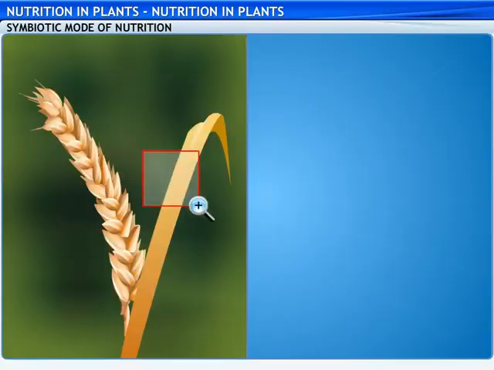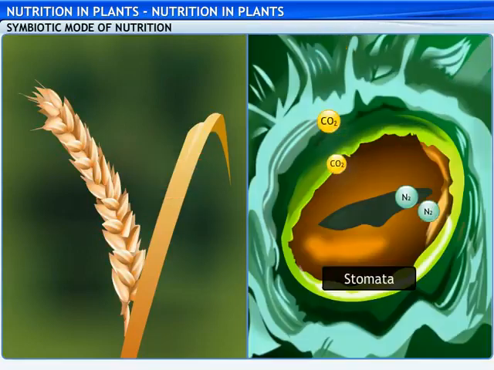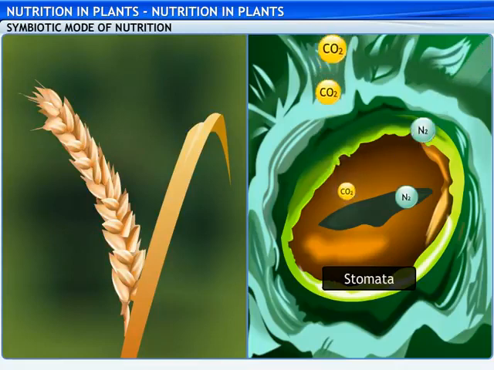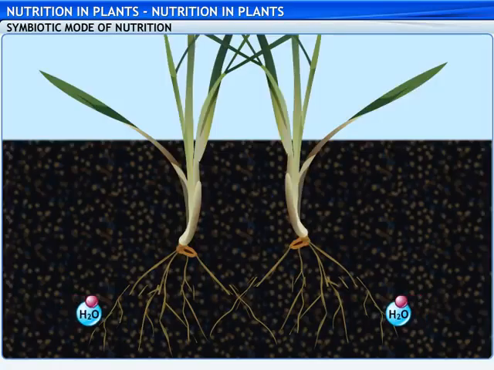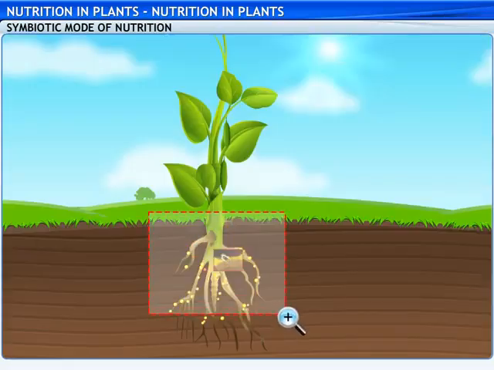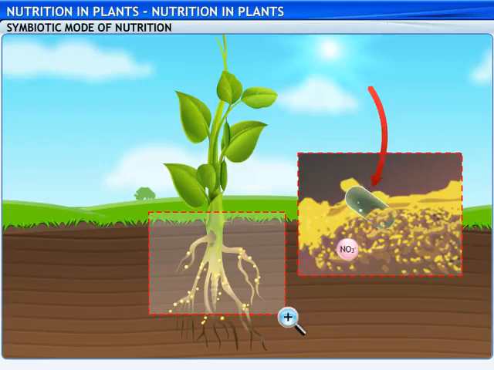Though nitrogen is available in plenty in the atmosphere, plants cannot use it in the same way they use carbon dioxide. They need nitrogen in water-soluble form. Now, a bacterium called Rhizobium helps plants by taking atmospheric nitrogen and converting it into a soluble form.